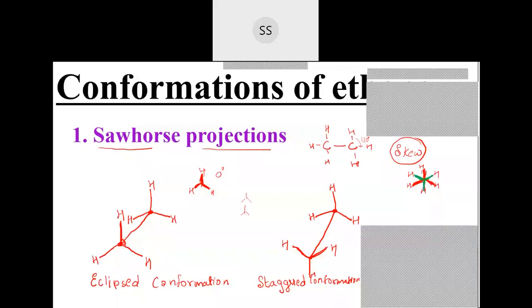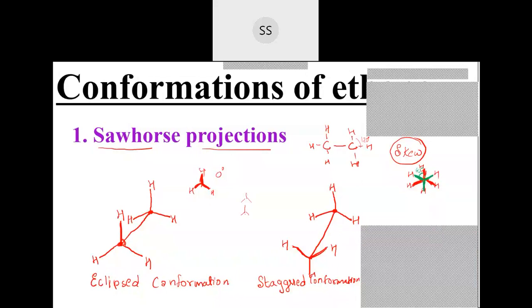So what will be the angle between them? This angle will come as 60 degree. So if you rotate them with the 60 degree angle, they will give you staggered conformation. So this gives you staggered conformation.